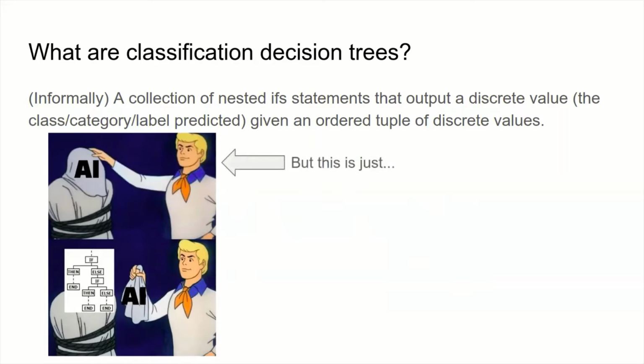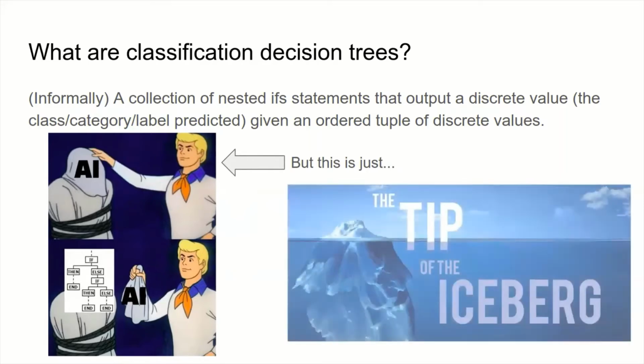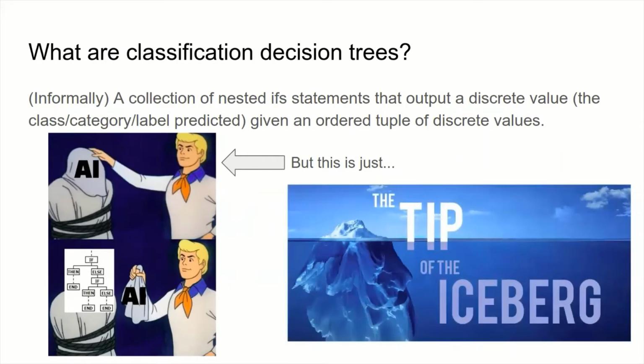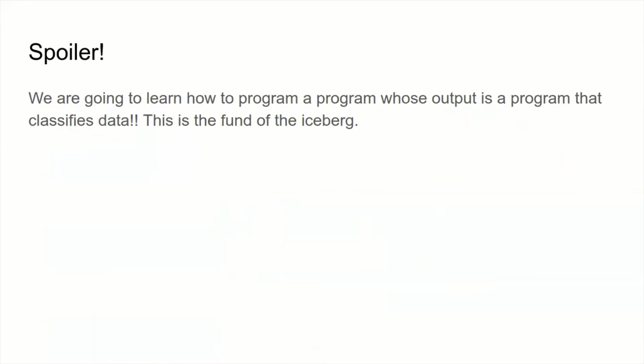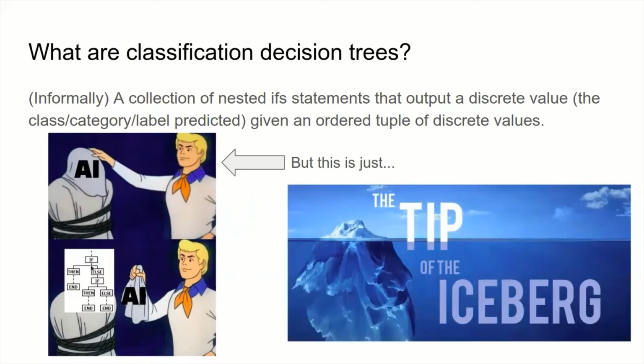So maybe you've seen this meme. They say that artificial intelligence is nothing more than a collection of nested if statements, but this is just the tip of the iceberg. Why? Because this is just the result of doing what we are going to do today.